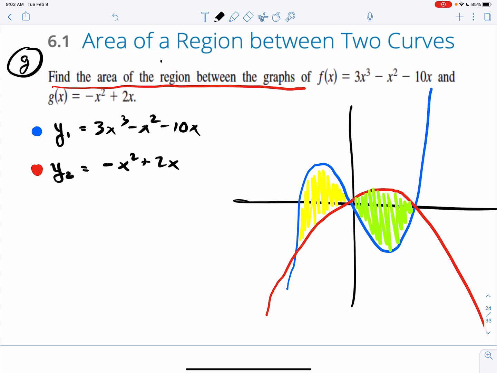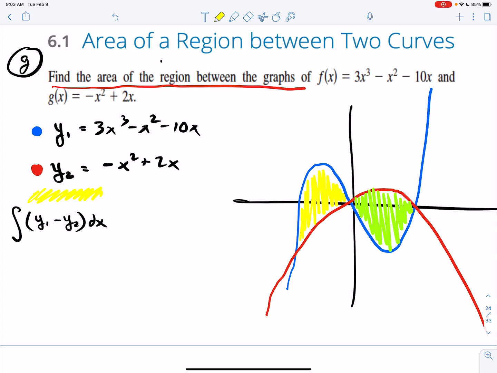You just got to follow what's being traced first, okay? So I know that from somewhere to somewhere, that yellow region is basically y1 minus y2. And again, that's the yellow region.